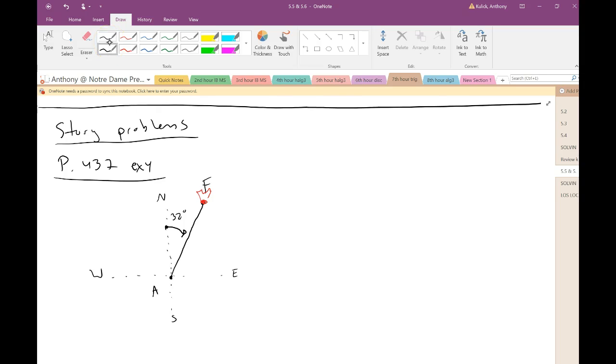It says Ranger Thorpe is located at Station B, 10 miles due east of, I'm sorry, due east of A. So we have that. Notice that in our compass rose, east is that direction. Everybody agree with that?